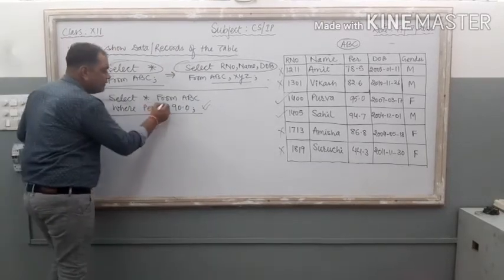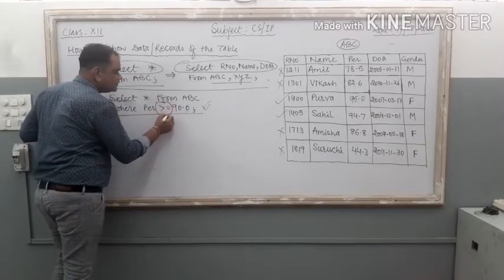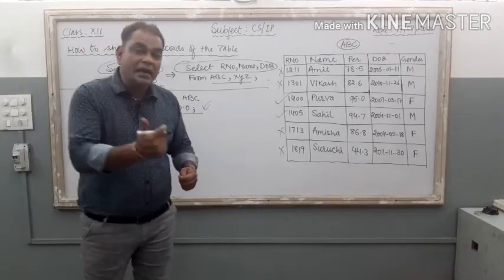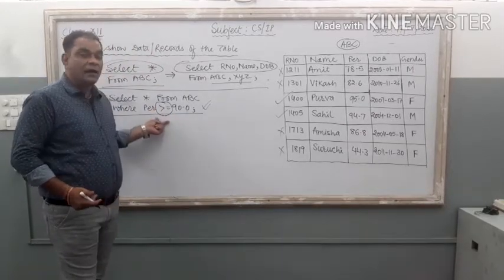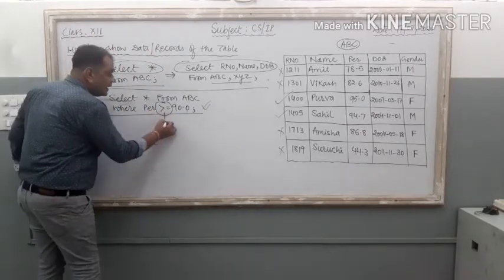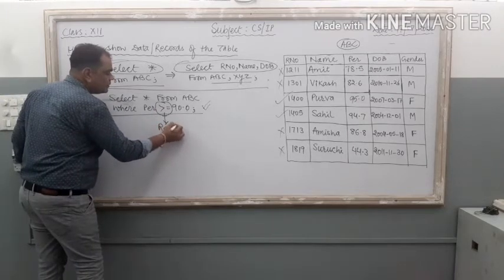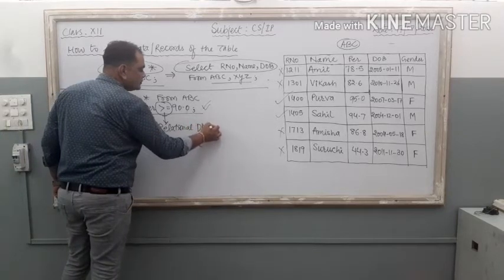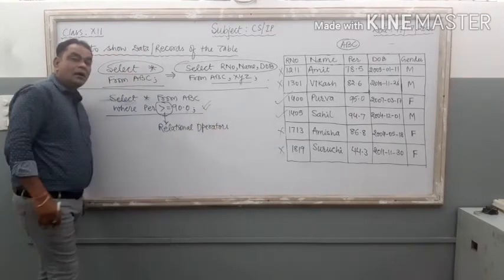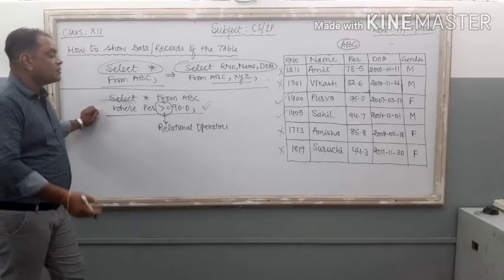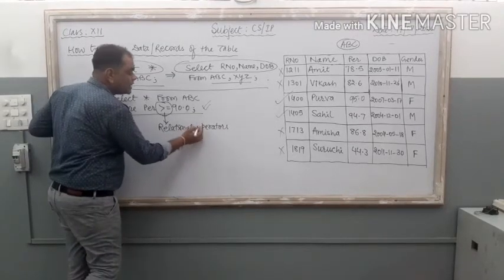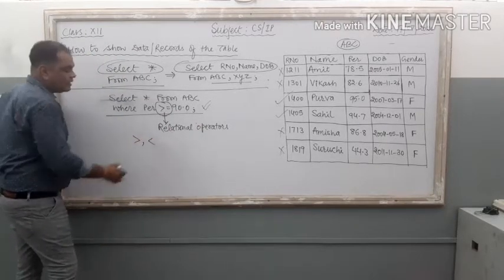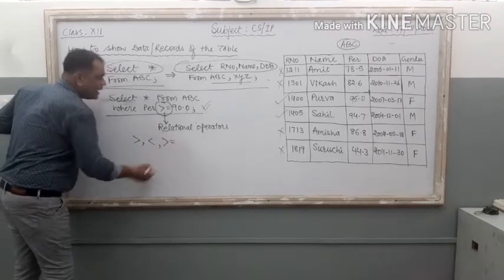Now just see, what is this? If you want to make a condition with this where command, you just apply relational operators of MySQL. Clear? How many different types of relational operators are there in MySQL? The first one, you can use the greater than symbol, you can use less than, you can use greater than or equal to.